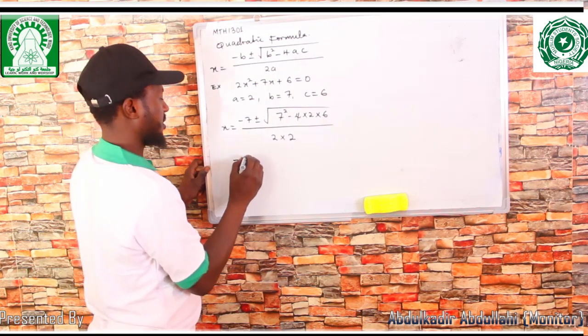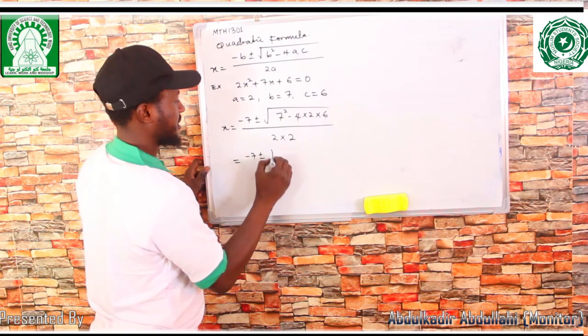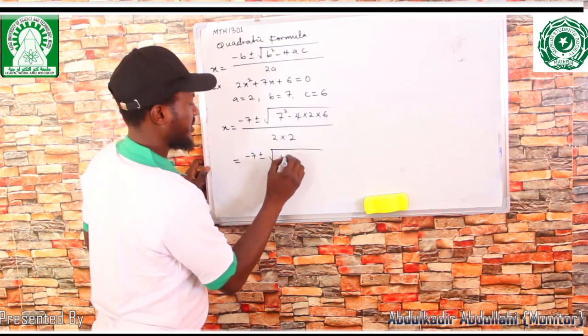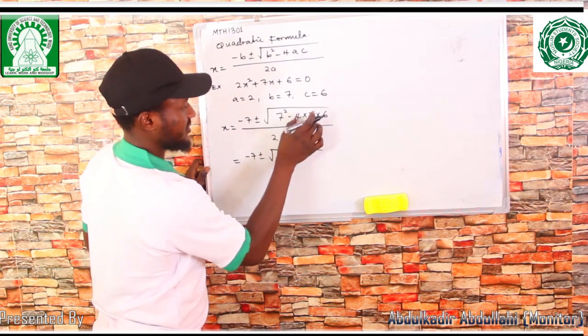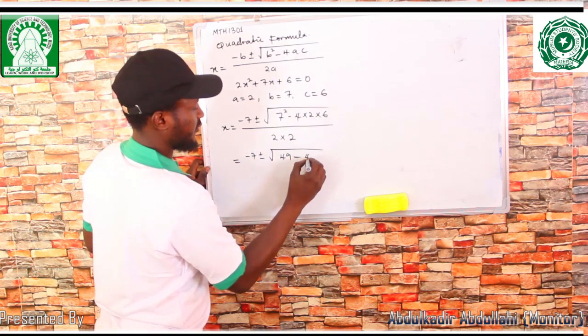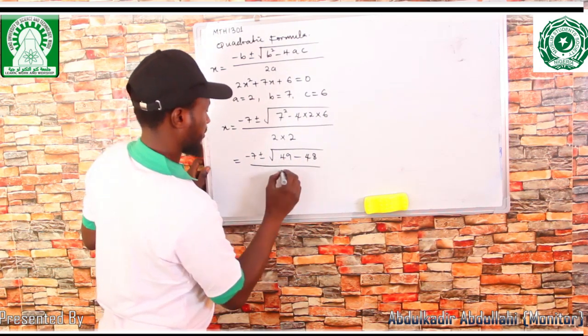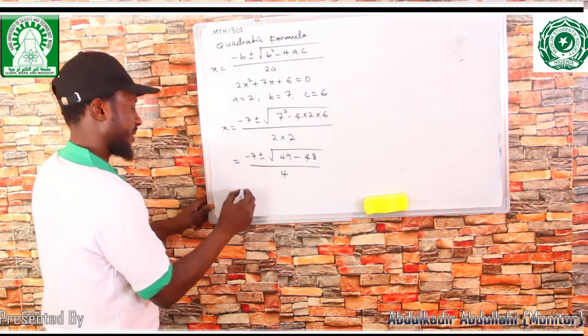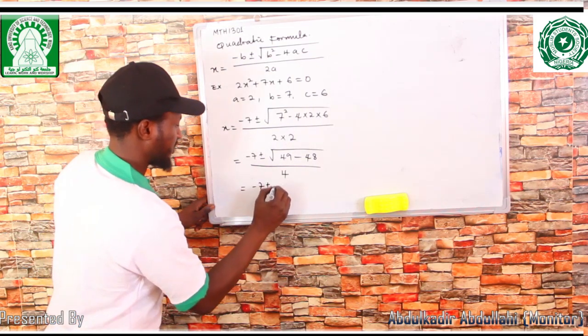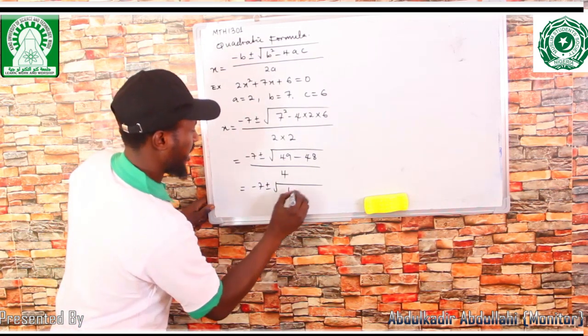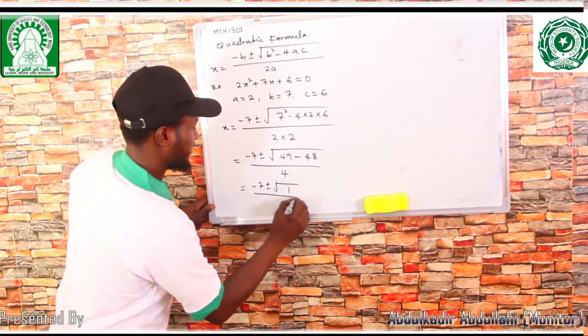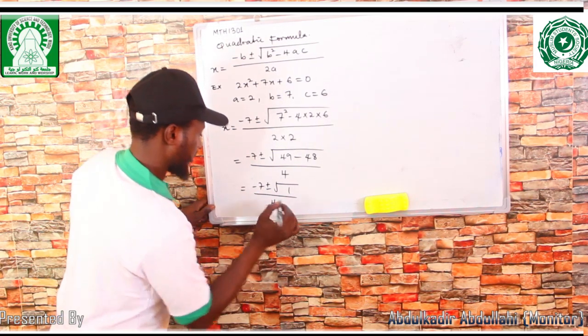So this is equal to minus 7 plus or minus root of 7 squared, 49, minus 4 times 2 times 6, which is 48, which is equal to 1, all divided by 4.